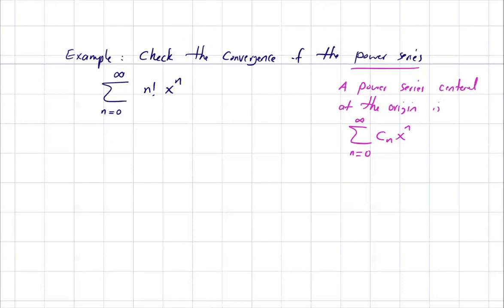So if you compare these two, your c sub n in this case is equal to n factorial. Perfect. So by the ratio test, we're going to check the convergence and divergence of this power series.